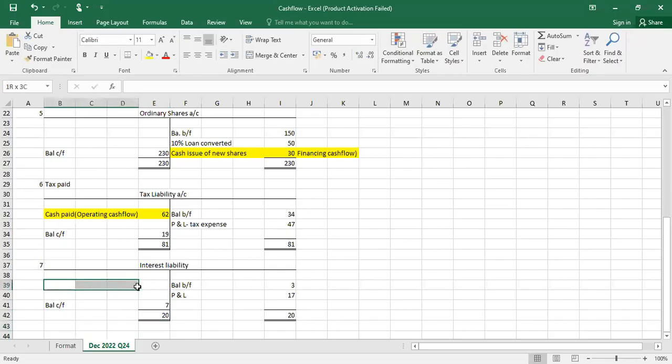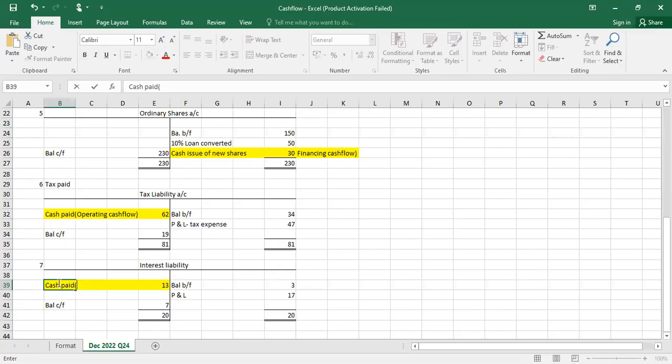Our interest is on the balancing figure. And this will be 20 minus 7. So we get 13. This is therefore the interest paid in cash. That is therefore the interest settled or paid in cash.